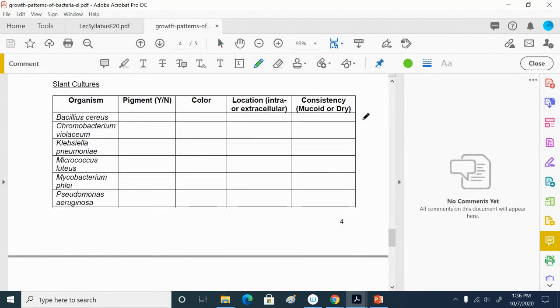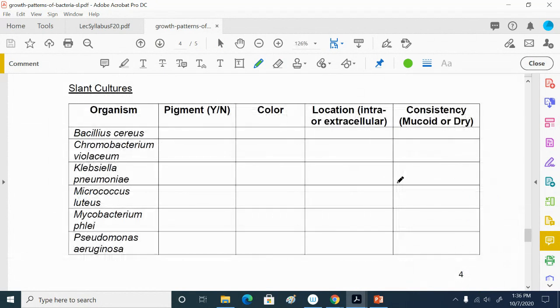No, right? So there's really no color and no location because there's no definite pigment, and it does look kind of shiny, so that would make it mucoid, right?